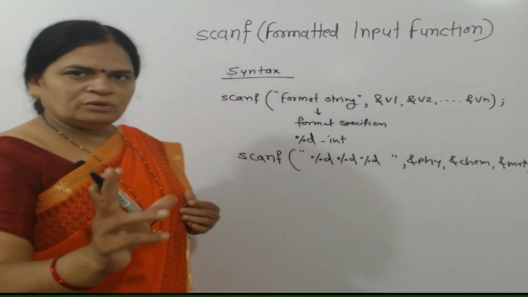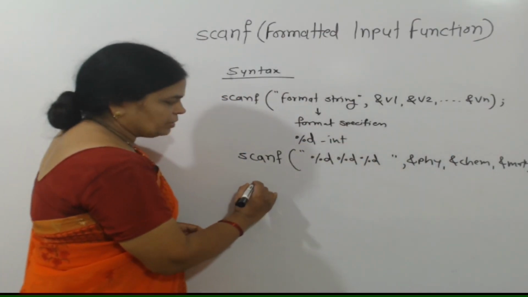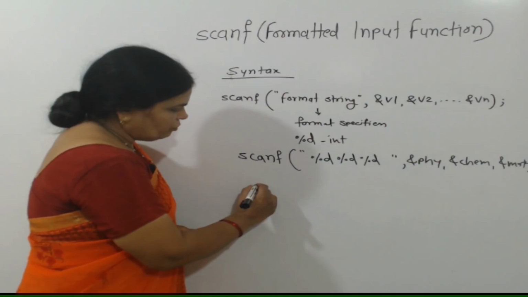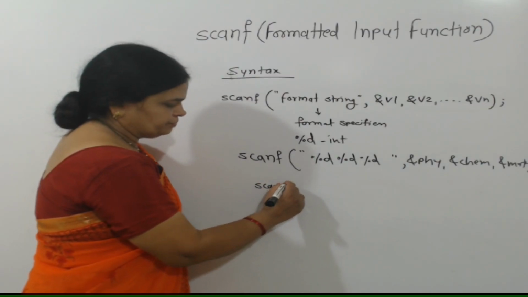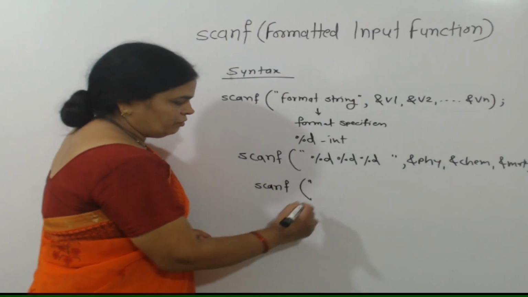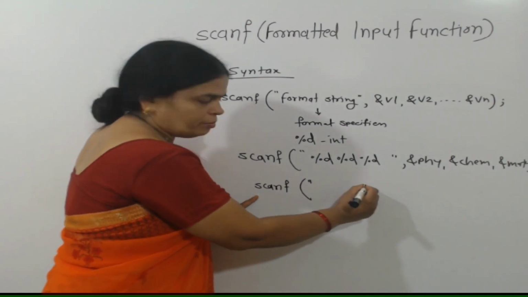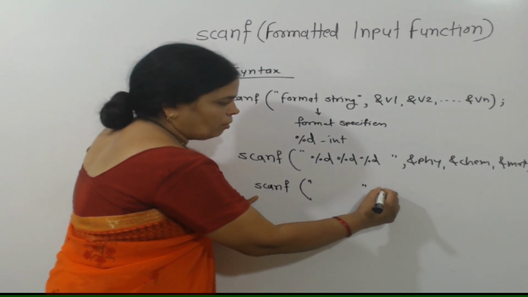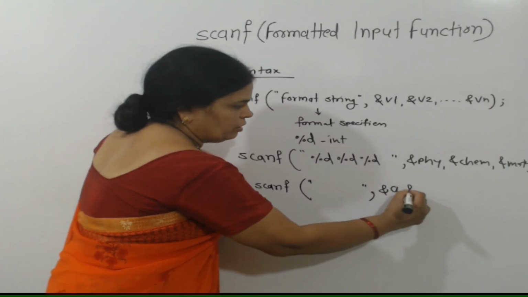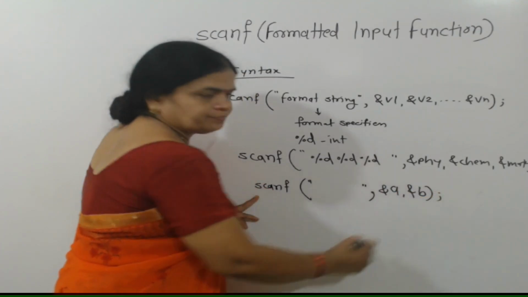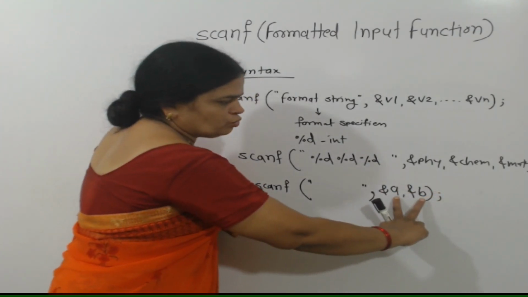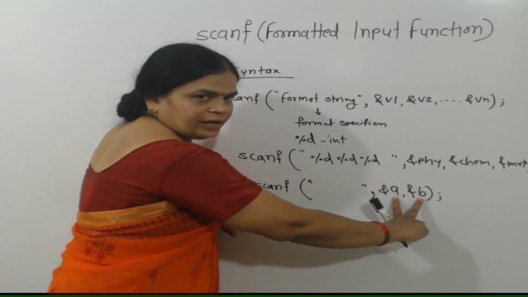So let us consider one simple example. Suppose I want to input the values of a and b. So then I will write scanf, in double quotation I will write the format string, after that comma address of a comma address of b. So that means these two variables will be inputted, that is a and b.